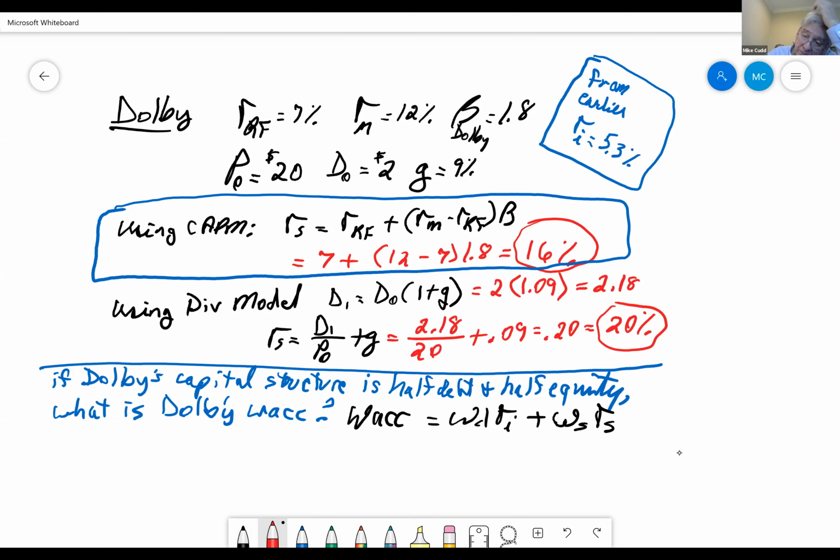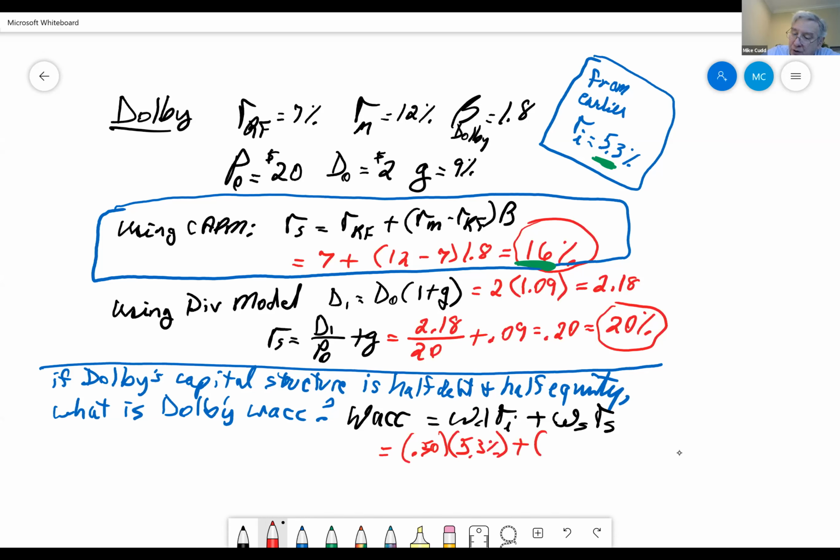So if we're going to use the CAPM for equity, the weight for debt would be 0.5, right? times the cost of debt of 5.3%.